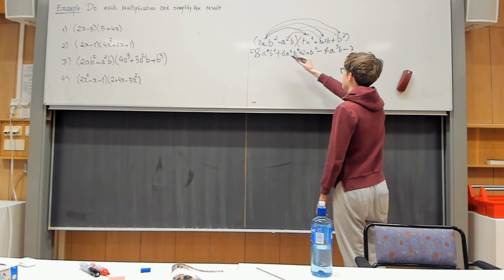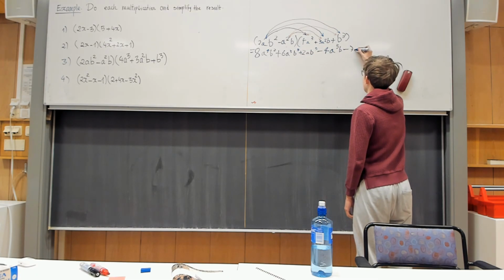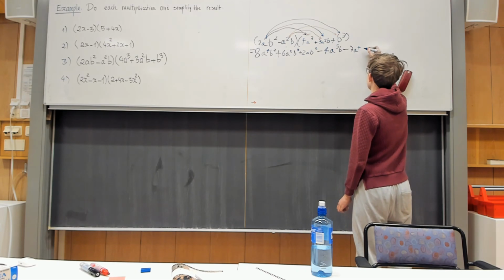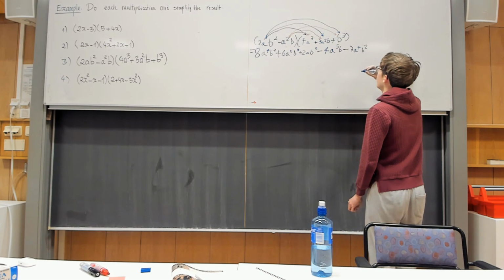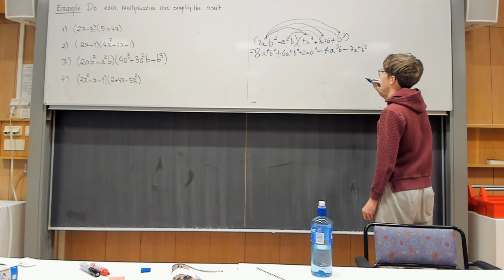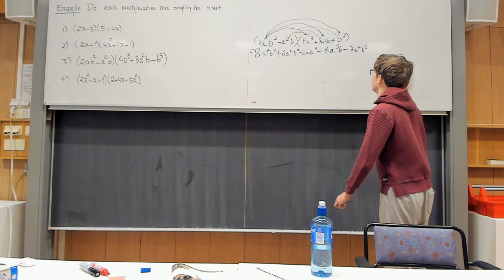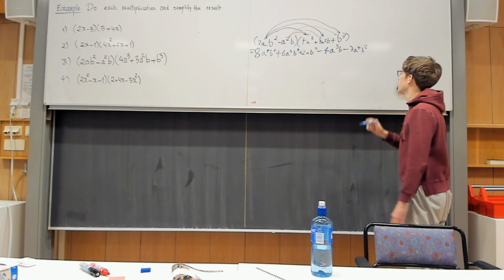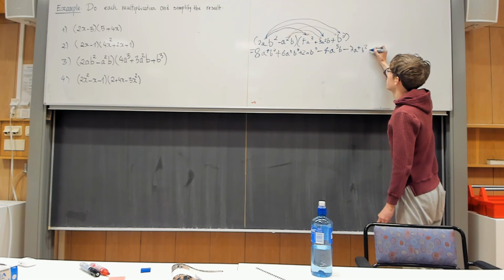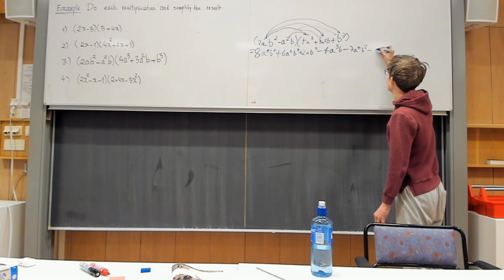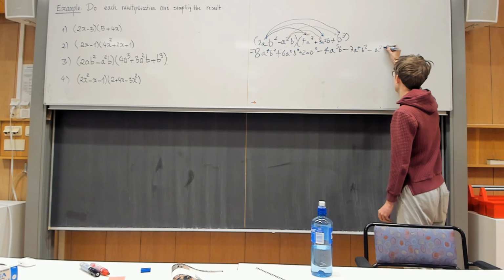Then a squared times a squared is just a to the power 4, and b times b is just b squared. And then lastly, we multiply negative a squared times b with b cubed, which is negative again. And a squared and b times b cubed is b to the power 4.